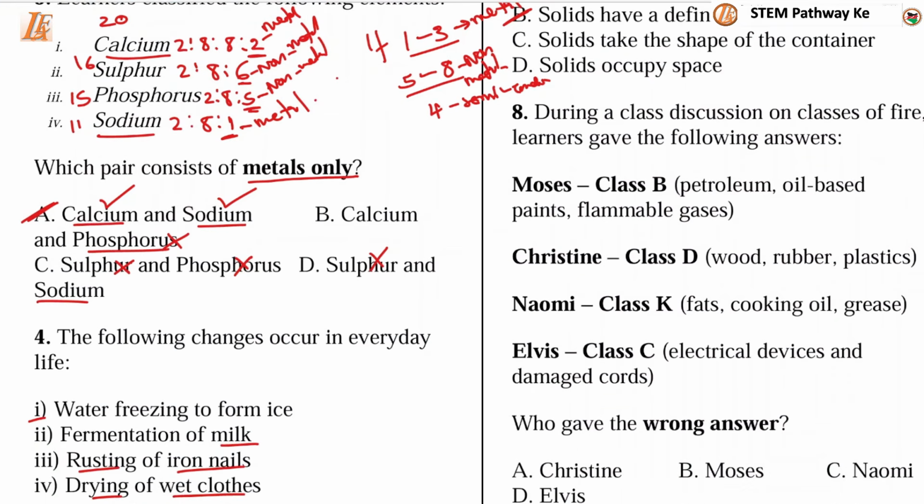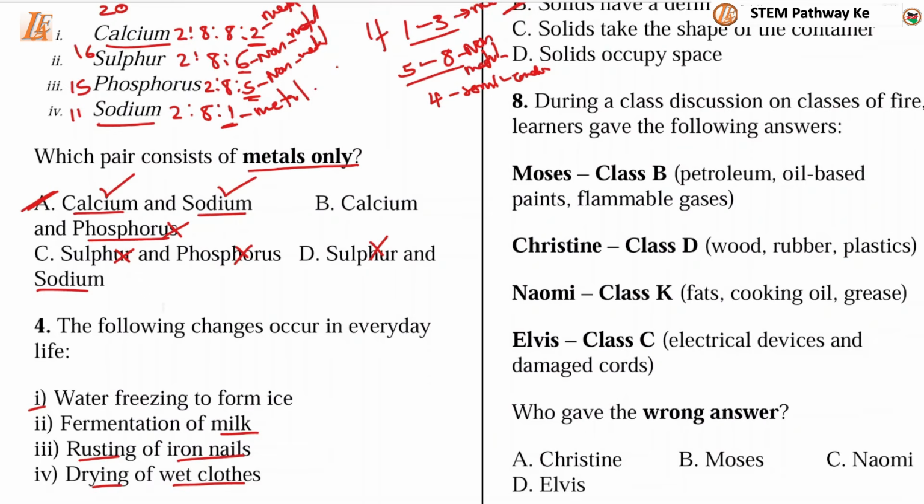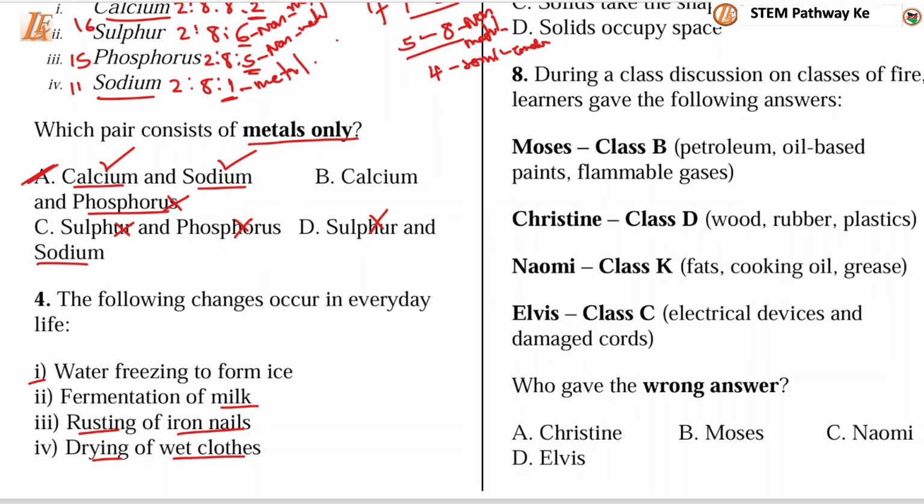Naomi said, Class K, fats, cooking oil, grease. Then Elvis said, Class C, electrical devices and damaged cords. Then the question is, who gave the wrong answer? The one who gave the wrong answer is Christine, because wood, rubber, and plastics lie under Class A fires.